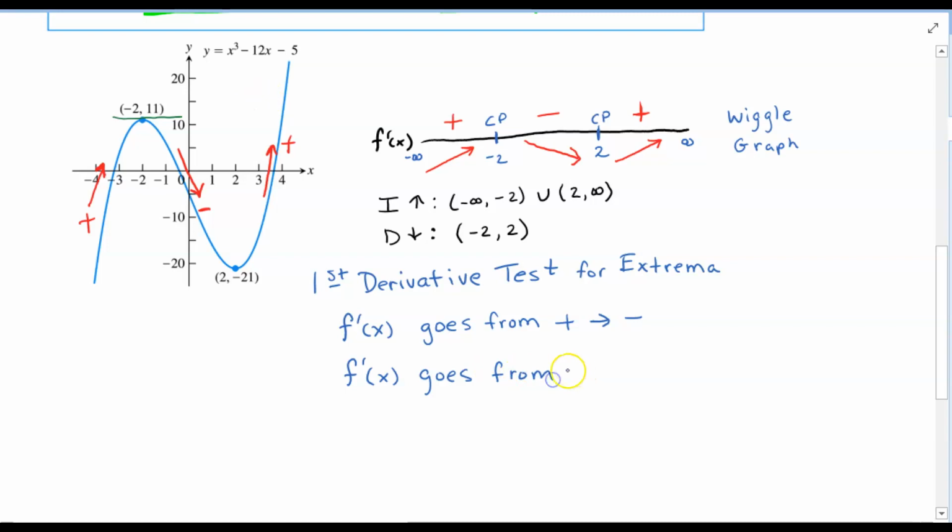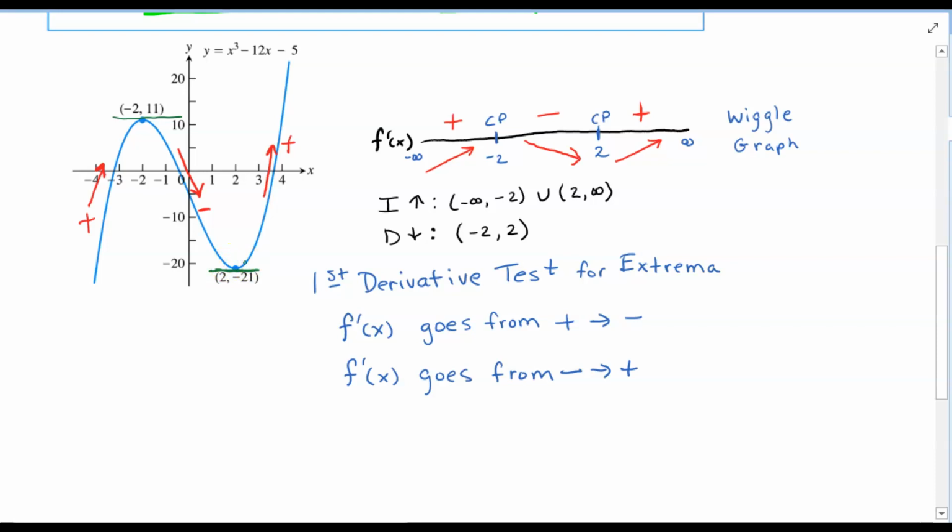So we're going to use the graph that we were working with before to determine this. First thing I note is that I've got these two critical points, -2 and 2, because that is where my tangents are 0. I have horizontal tangents.